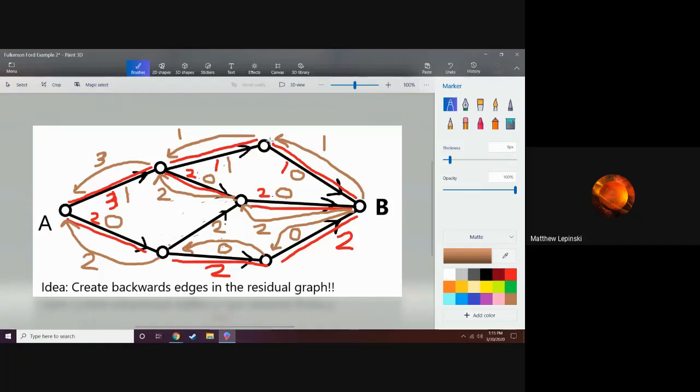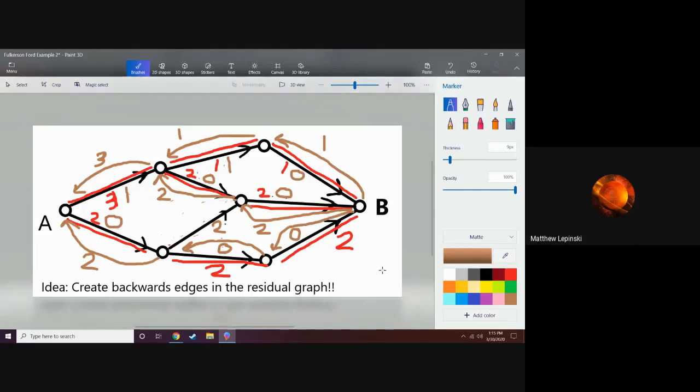There's 1 capacity, but I can't get any farther there. There's no capacity left to get into the middle. There's no capacity to go down here. So at this point, in my residual capacity graph, there is no way to get from A to B. And in fact, you can see that all of the edges into B are being fully used.